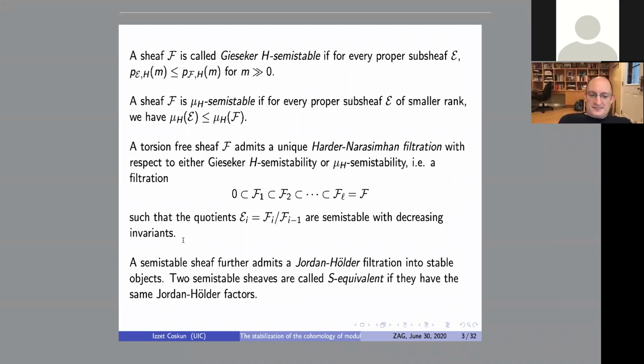And if you have a semi-stable sheaf, you also have a Jordan-Hölder filtration that splits it into stable pieces. This filtration is not unique, but the associated graded object is unique. And then if two semi-stable sheaves have the same Jordan-Hölder factors, you call them S equivalent.